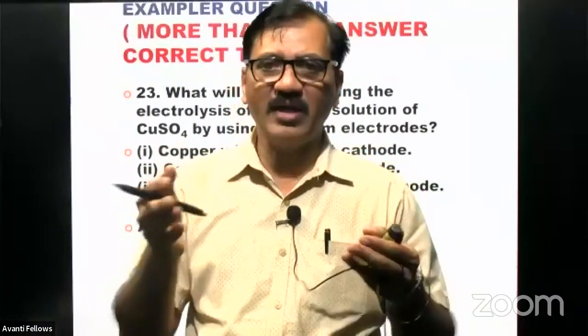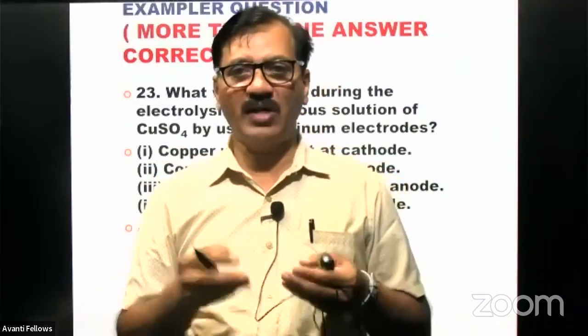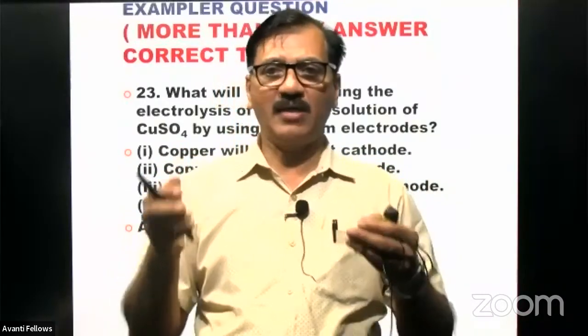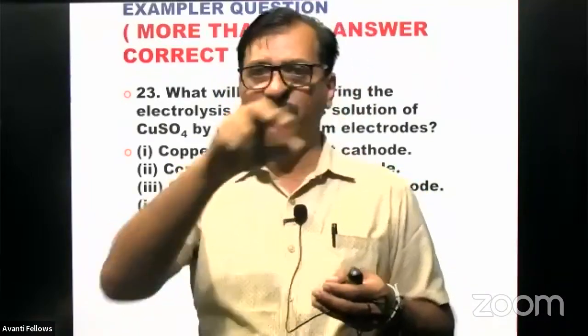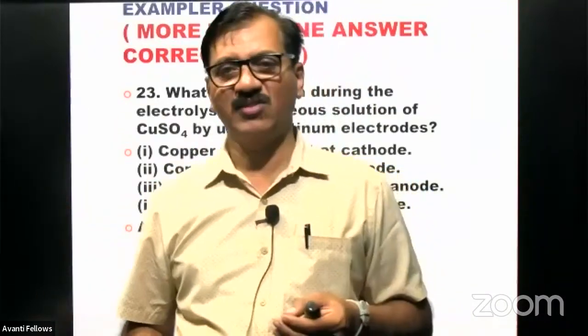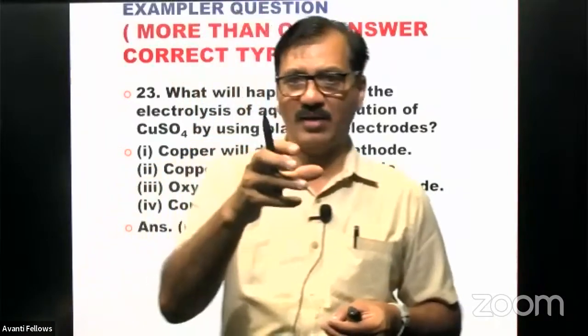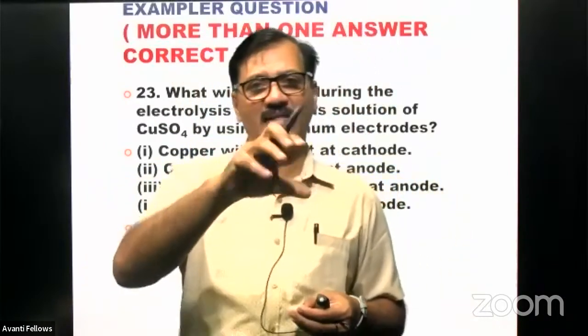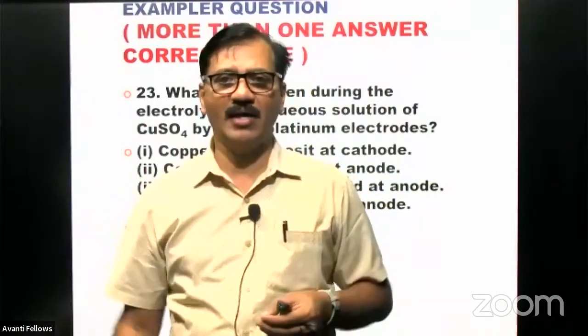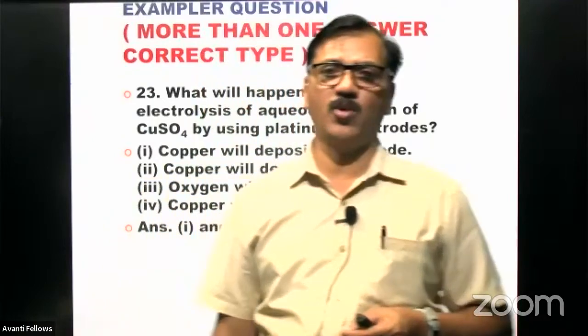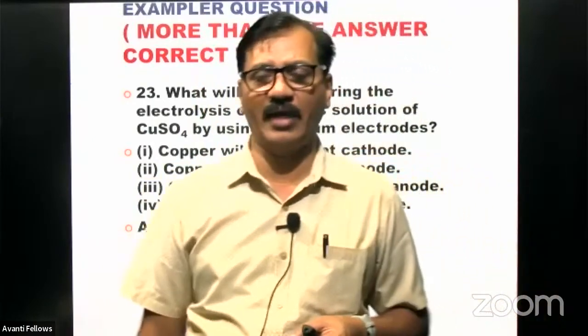So metallic bonding is explained in this way: a metal is a set of kernels and free moving electrons. It is an interaction between the set of kernels, the positively charged nuclei, and the mobile electrons. So these electrons are responsible for conduction in the case of metals.